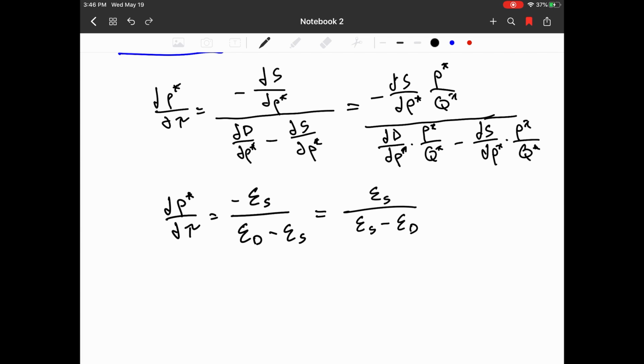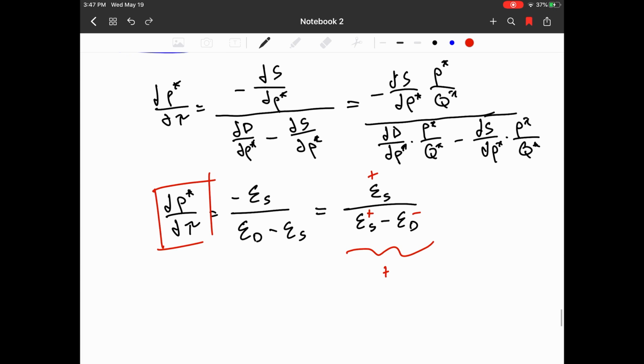Okay, so let's go through and look at the signs of these values. Elasticity of supply is always positive, and elasticity of demand is always negative. So we know this whole thing is positive, which means this is all greater than 0.